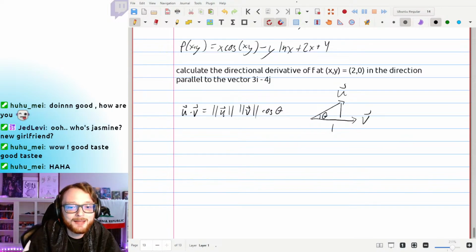So if v has magnitude 1, as in it's a unit vector, then u dot v is just the magnitude of u times cosine theta. But the magnitude of u is just the hypotenuse of this right triangle here. And cosine is adjacent over hypotenuse.